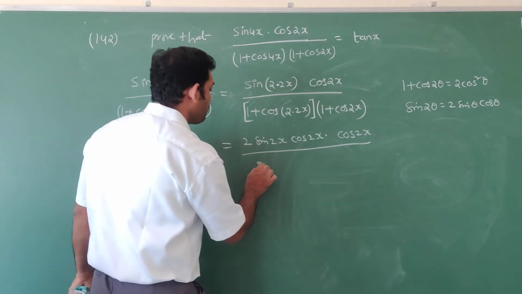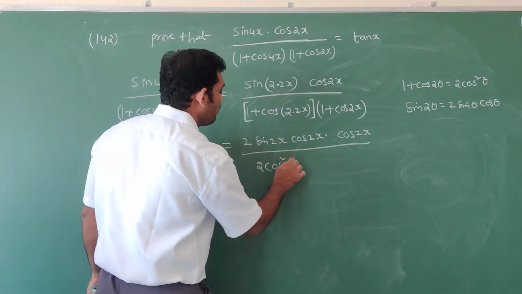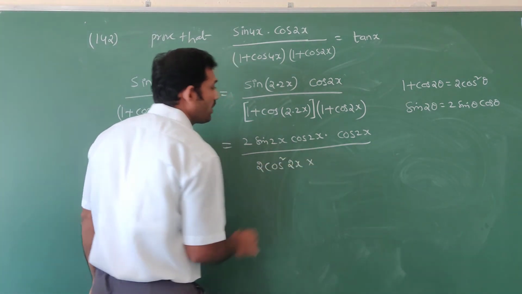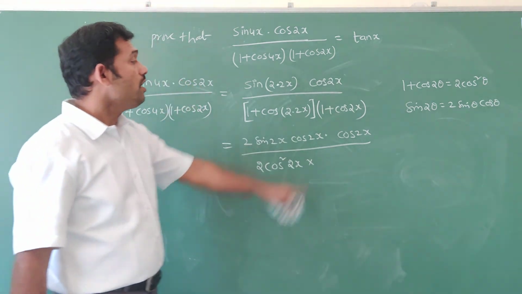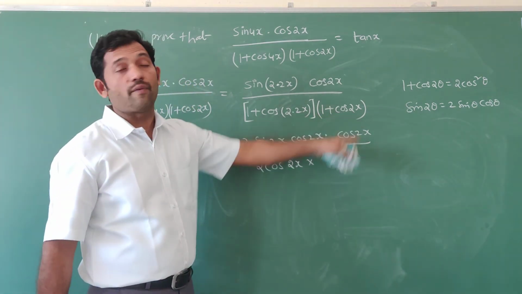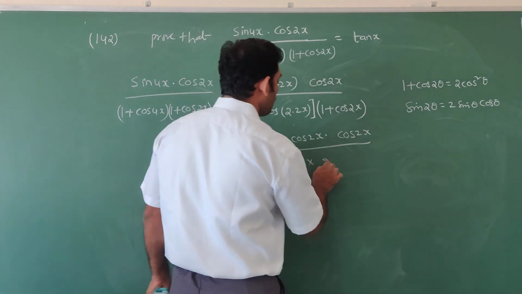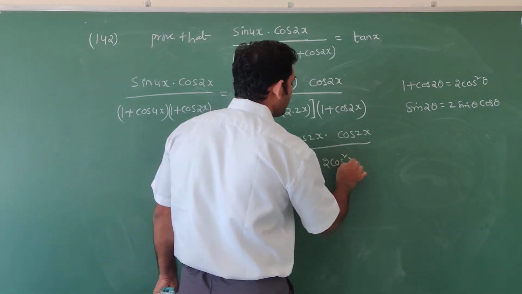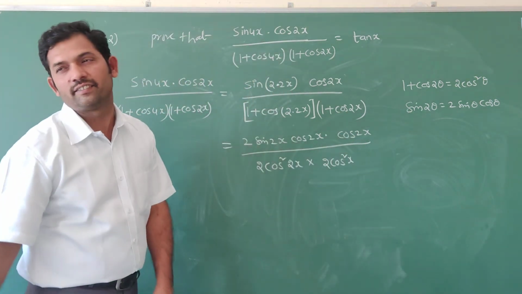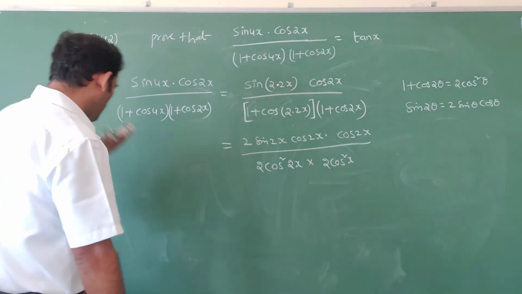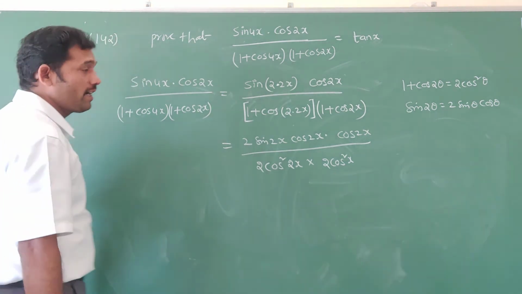What happens? 2 cos square 2x. Then 1 plus cos 2x, our formula gives 2 cos square x, this one as it is. Understand?